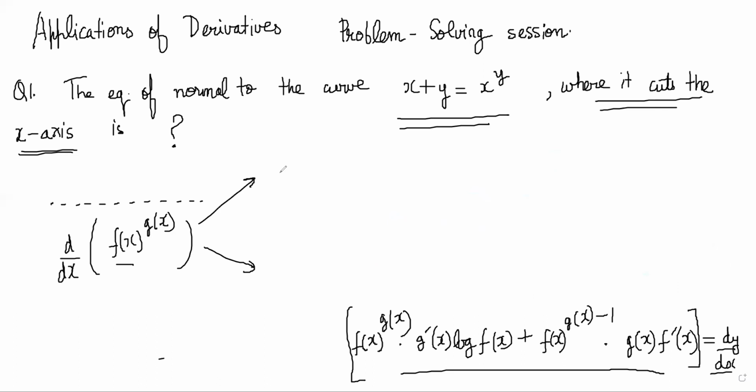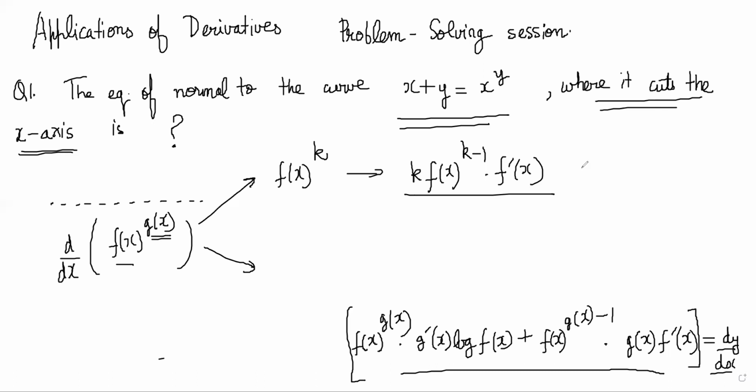The first term: assume g(x) is a constant. Suppose it was f(x) power k. How would you have done that? You would have done k f(x) power k minus 1 into f dash x. Now put back k as g(x), so that is g(x) f(x) power g(x) minus 1 into f dash x. That is this term.